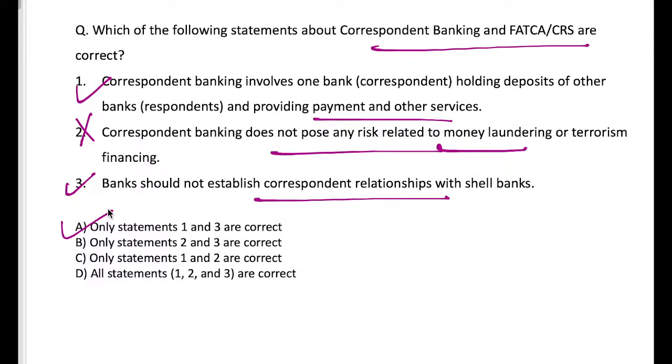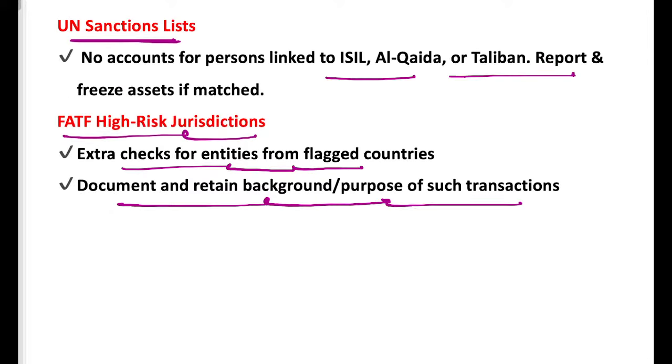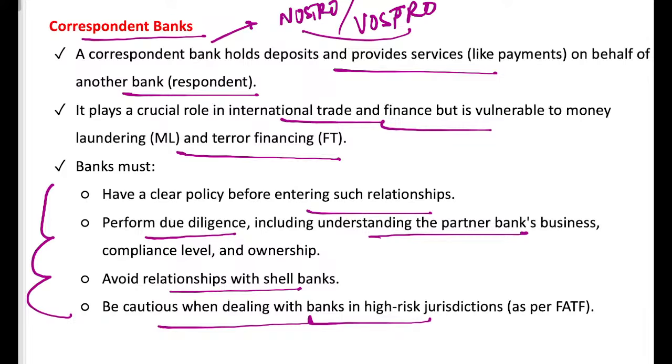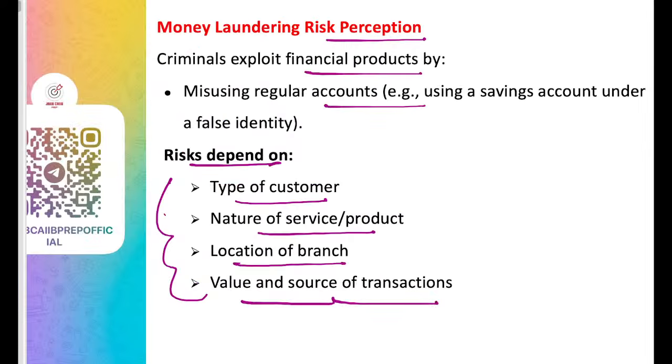So they pose risk while we are maintaining nostro, vostro and these kinds of relationships. So with which bank you have maintained that particular relation, that is also important in that case, right? So I have kept these things here. Please quickly go through this one with the help of the PDF and all.